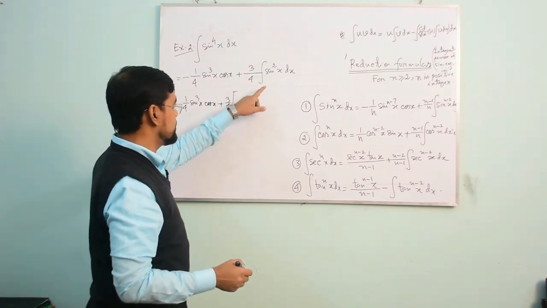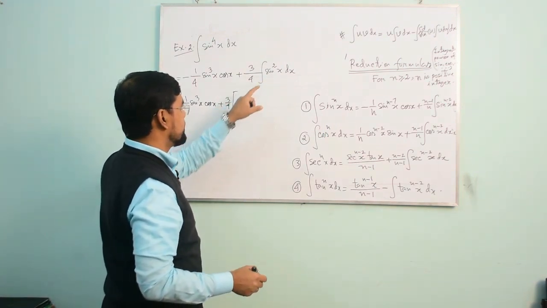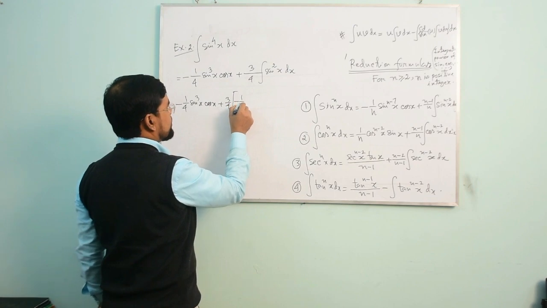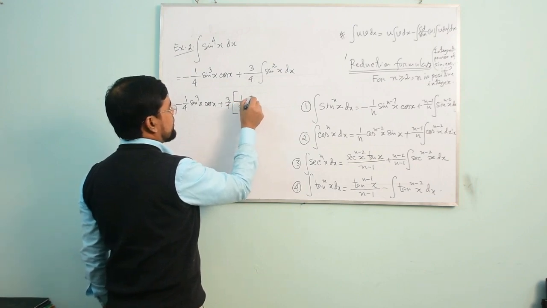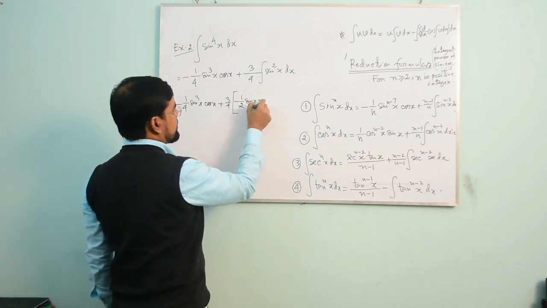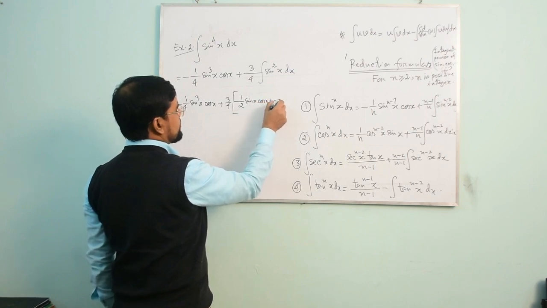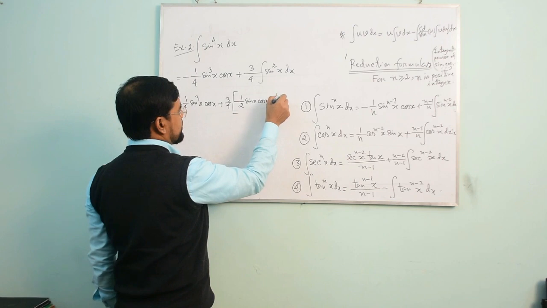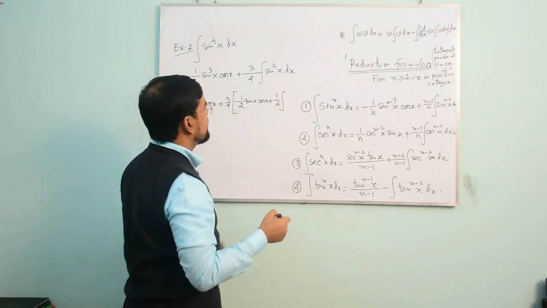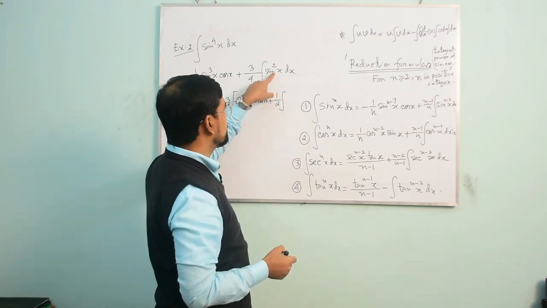Again you can use the reduction formula here. So it will be minus 1 by 2 sine 2 minus 1 x cos x plus 1 by 2 integration of sine to the power 2 minus 2, which will be 0.